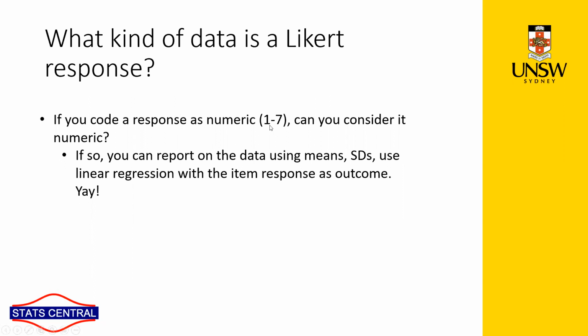So in one sense, the numbers that go along with those categories make sense. And if you say, yes, they're numeric, then you can report on means and standard deviations, and you might be able to use linear regression with the item response as outcome. It's easy for you to do and easy for people to understand what you did, and that's great.